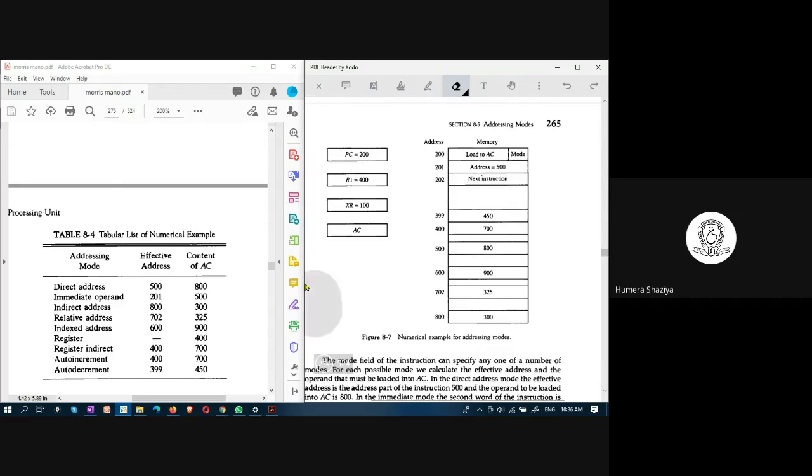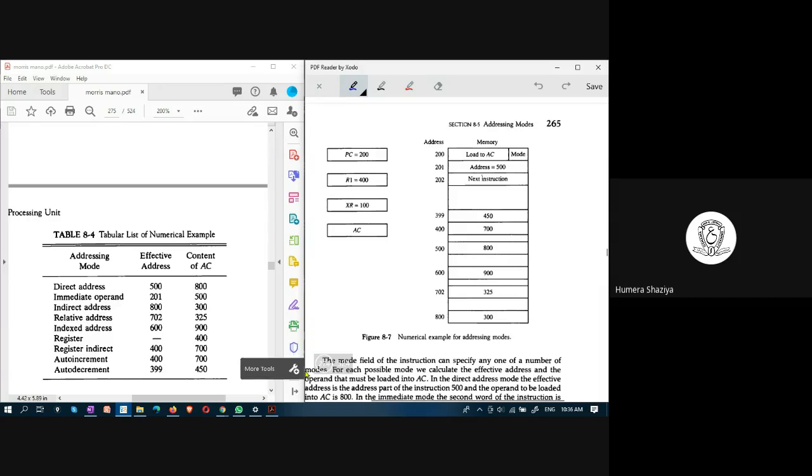You know that there is an instruction register. What does instruction register hold? Instruction register holds the address, opcode, and mode. Right?